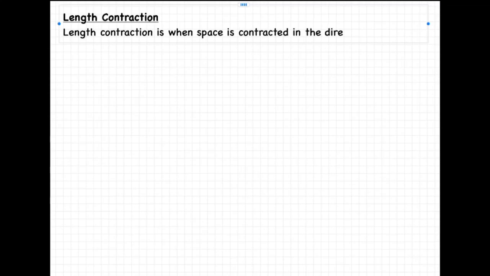Now, first thing you need to know is that length contraction is when space is contracted in the direction of relativistic motion. And that's important. It only occurs in the direction. So we've got to get our vector hats on and think in terms of vectors and imagine that some object's velocity has a very specific one-dimensional direction.